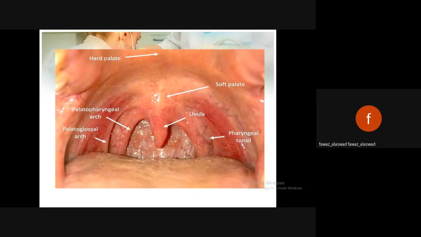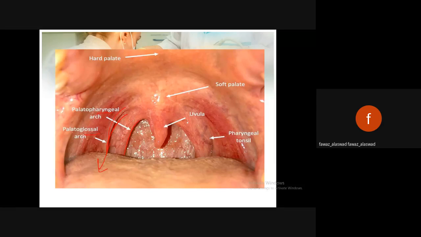Then, another structure which needs to be investigated in the posterior area, look at its anatomy. There is the palate. The palatoglossal arch is the one that is close to the tongue, but the palatopharyngeal arch is the one that is close to the uvula and the tonsil. Then glossal and palatopharyngeal arches, two arches that are important for us to diagnose. Glossal means that it is near the tongue.